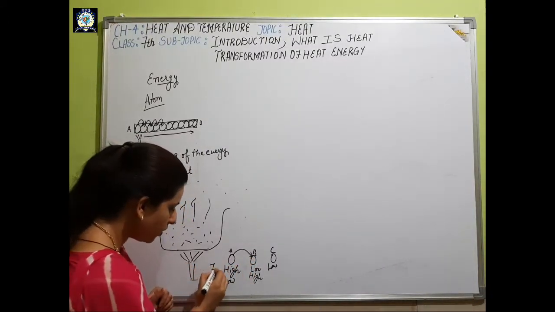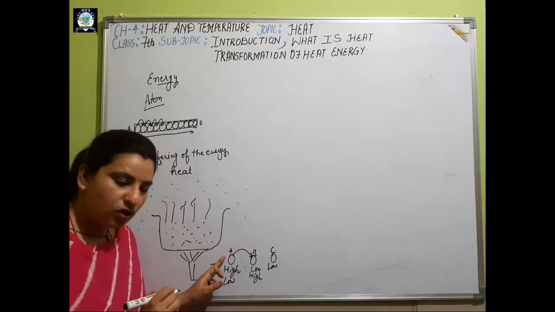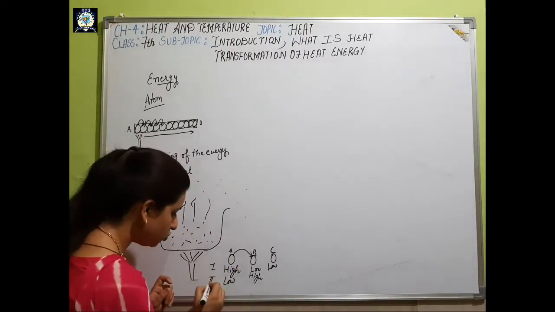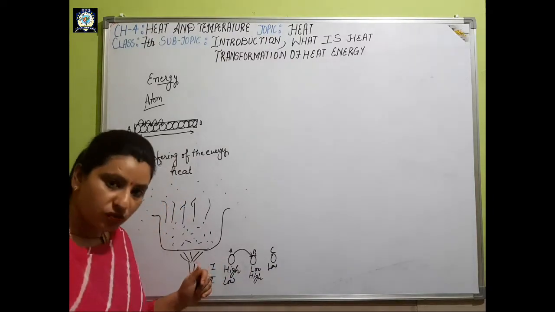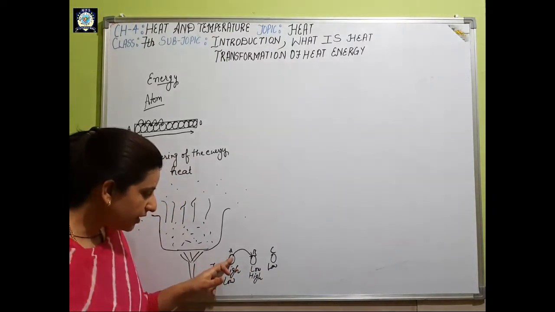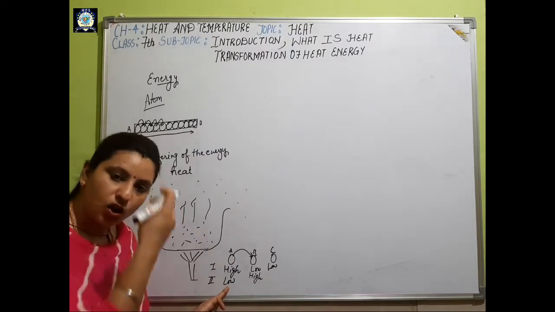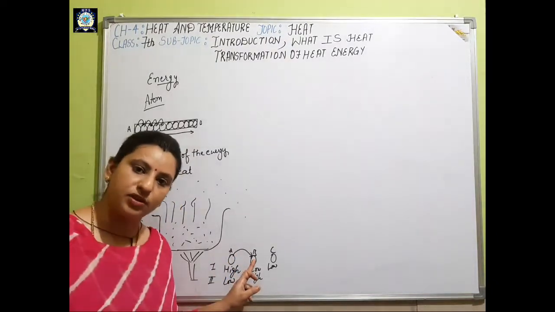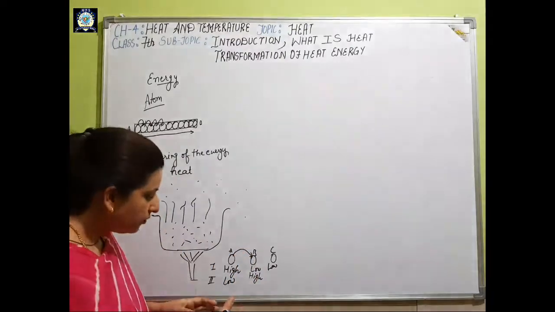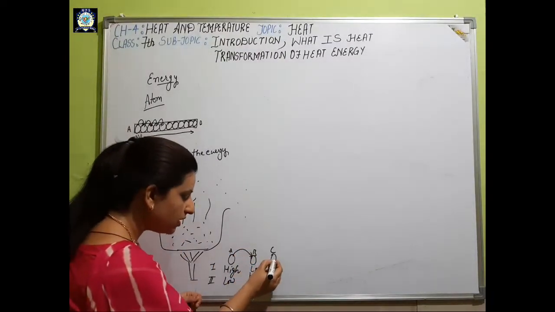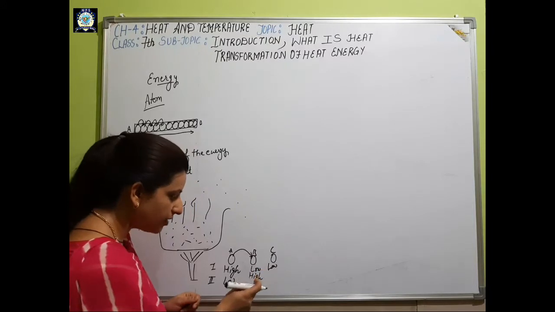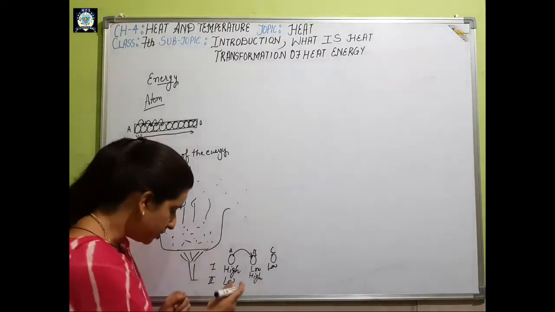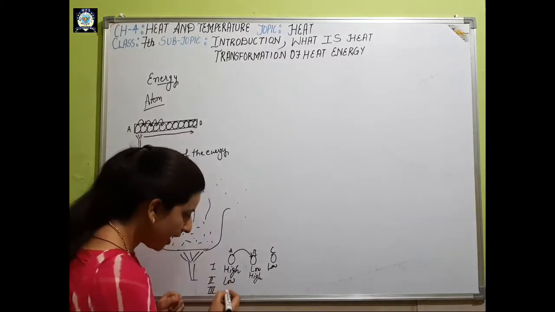So in case 1, the A molecule is having high energy and the B molecule is having low energy. But in case 2, when the transferring of energy takes place, the A molecule becomes low in temperature and the B molecule becomes high in temperature. Similarly, if C molecule is at low temperature and B molecule is at high temperature, in case 3 what will happen?